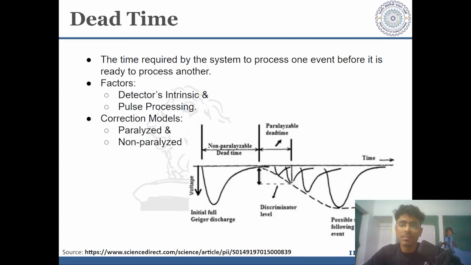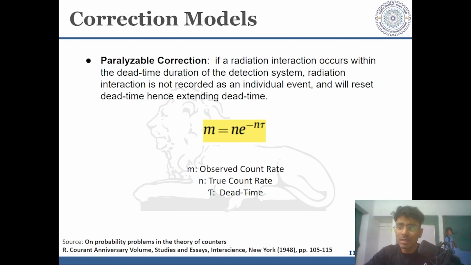Now, there are two simple generalized dead time correction models. One is paralyzable and the other one is non-paralyzable. The paralyzable correction model assumes that if radiation interaction occurs within the dead time of the detection system, that radiation interaction is not recorded as an individual event, but will reset dead time, hence extending the dead time.